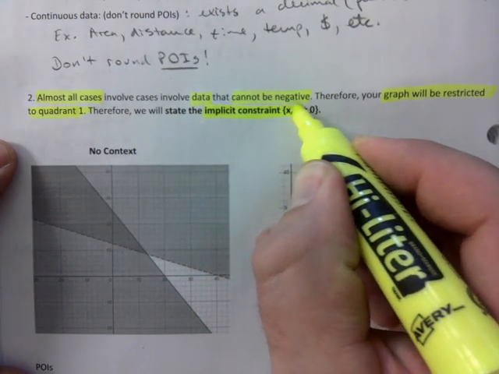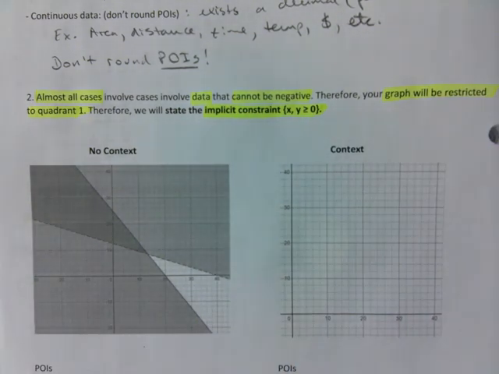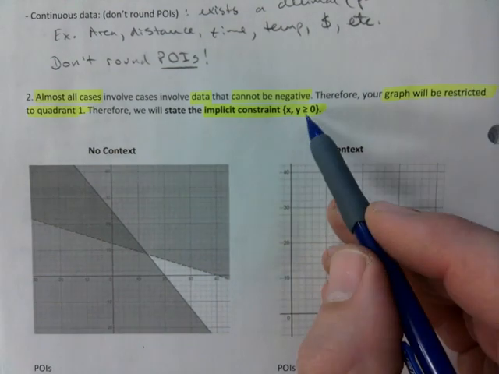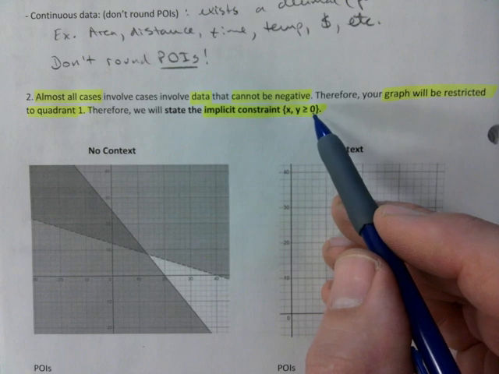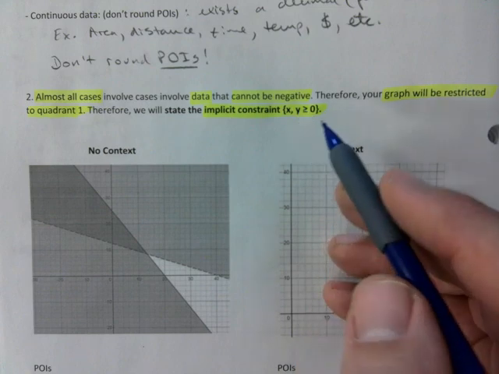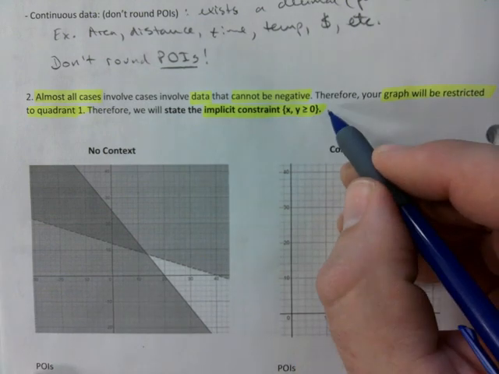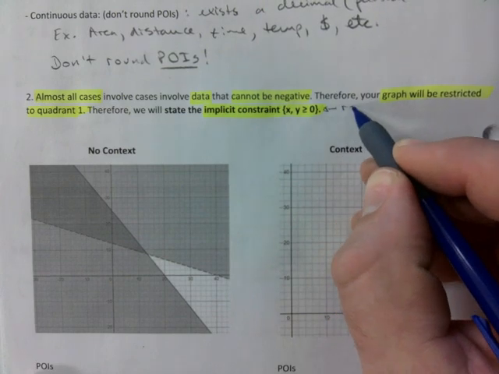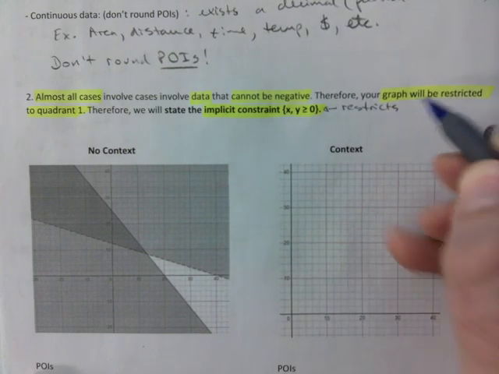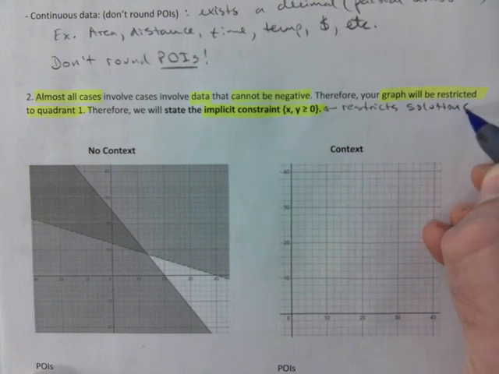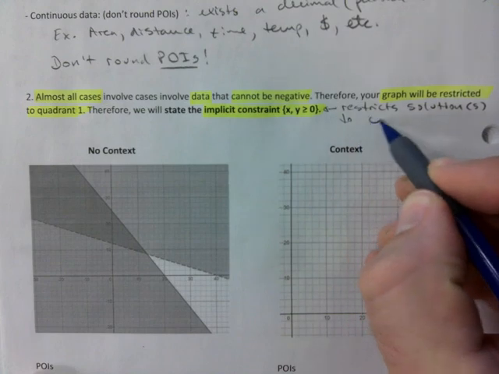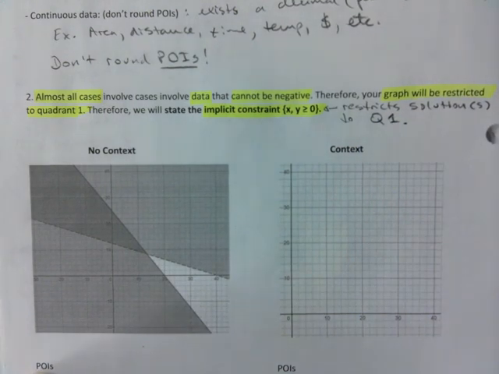Highlight that, please, because I will ask you to state it, and it's really that easy. It's just to say x and y have to be greater than or equal to 0. So 0 or greater, so positives only, right? So this restricts the solution or solutions to quadrant 1. That's what that does. Okay.